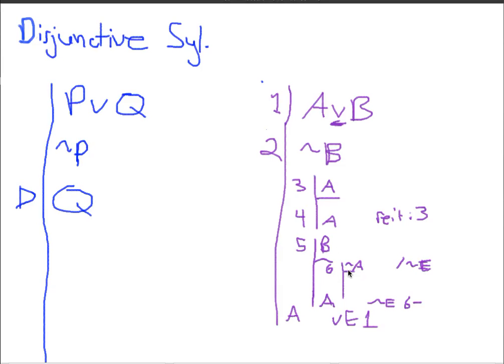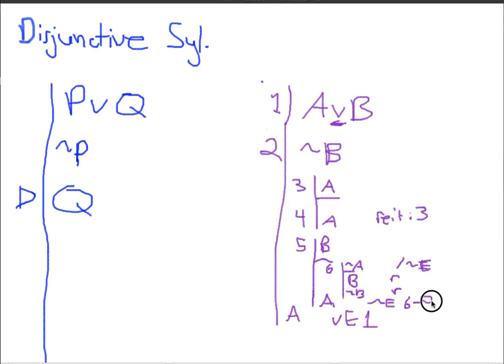In the scope of this subderivation, we already have B, and we also notice that we have not B up here. In both of these cases, we can use the reiteration rule, and I'm just going to be lazy here and not fill it in, so I'm not wasting too much of your time. We have a contradiction here, which means that we can then use negation elimination to get that out.